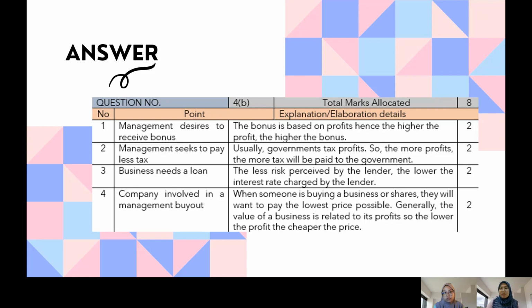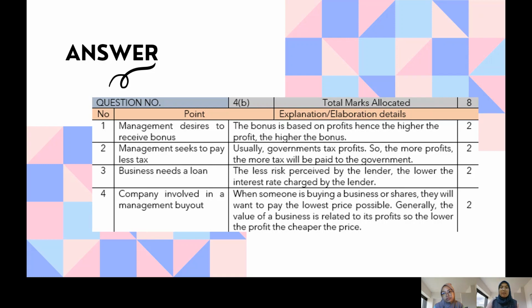So some management choose to lower their profits because they don't want to pay more tax to the government. And then the third one is business needs loan. Earlier we also explained the objective of creative accounting, so that the business can give assurance to the lender. So the less risk perceived by the lender, the lower the interest rate charged by the lender.